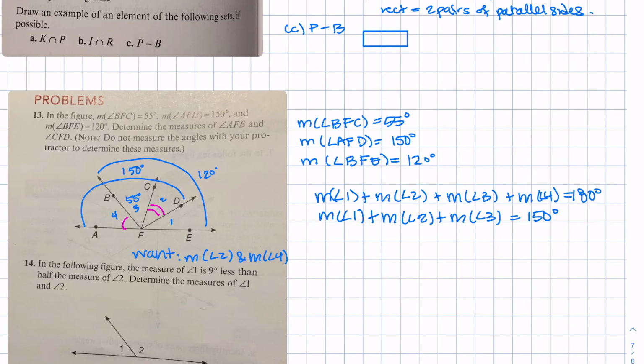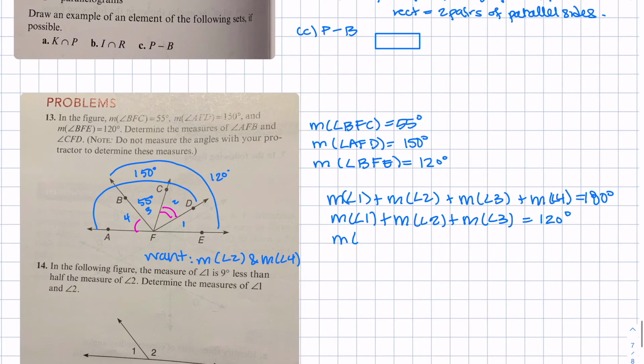And let's write the last sum. We know that the measure of angles 2, 3, and 4 should sum to be 120. Let's write that. So the measure of angle 2, plus the measure of angle 3, plus the measure of angle 4 should be 120.